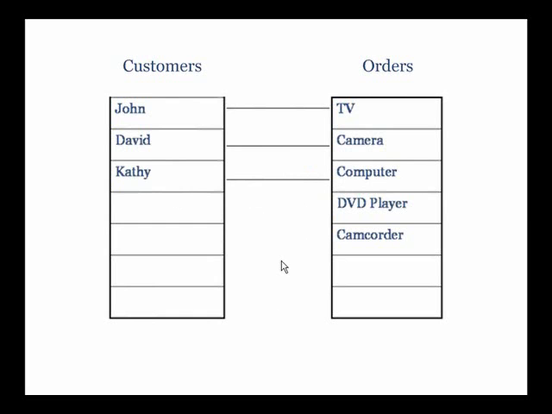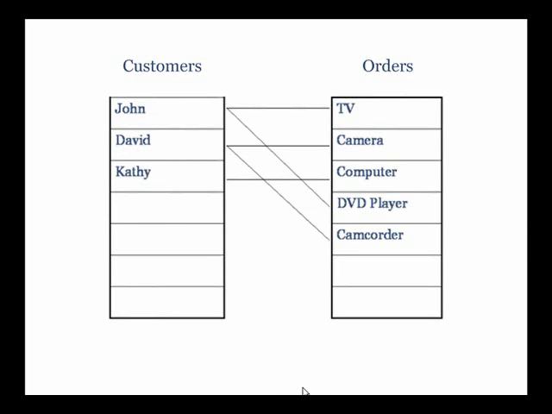Now John comes back and buys a DVD player. Since John already exists as a customer in the customers table, we don't need to add all his information again. We just add the DVD player to the products table. Or we might have all the products listed in that table, since we know what kind of products we carry. So we don't need to add John, but we need to add a relationship between John and DVD player. Same with David.